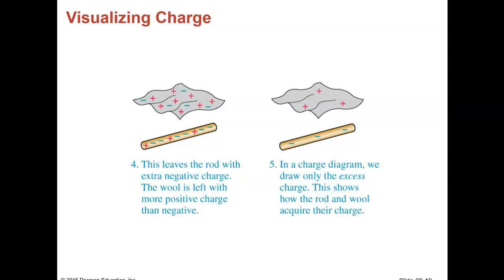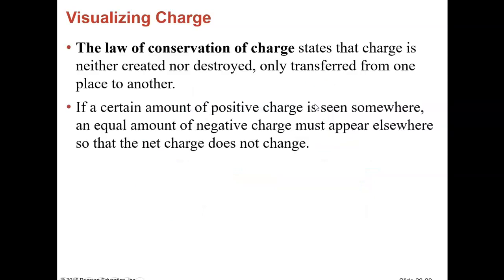So the wool loses negative charge. The rod gains the negative charge. Instead of both being neutral, now the rod is negative and the wool is positive. All this follows the law of conservation of charge, just like the law of conservation of anything else. Charges are neither gained nor destroyed, they simply change from one place to another.